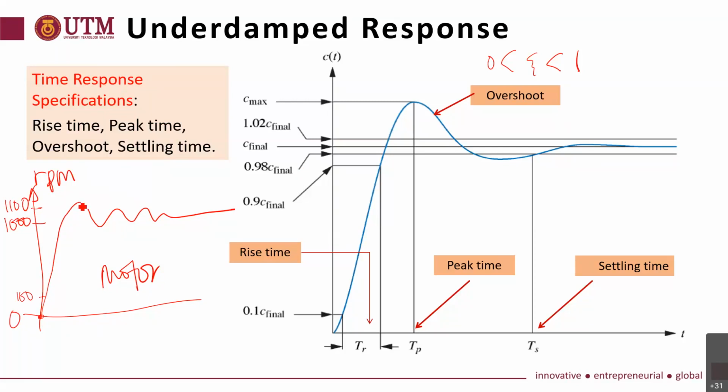But it goes down below 1000, oscillates, and then it stops. Not stop, it maintains at 1000.